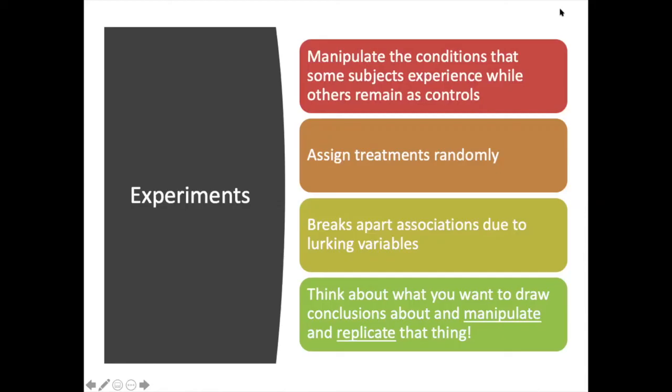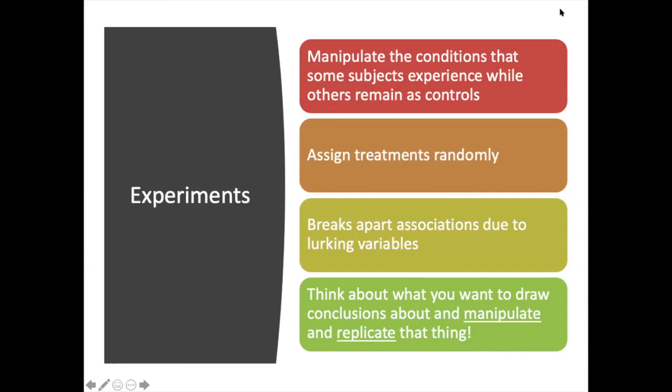So in scientific experiments, then, the researcher manipulates the conditions that some subjects experience while other subjects remain as controls. And this type of experimental design, then, is really useful for being able to determine causation in an observed relationship rather than just an association.